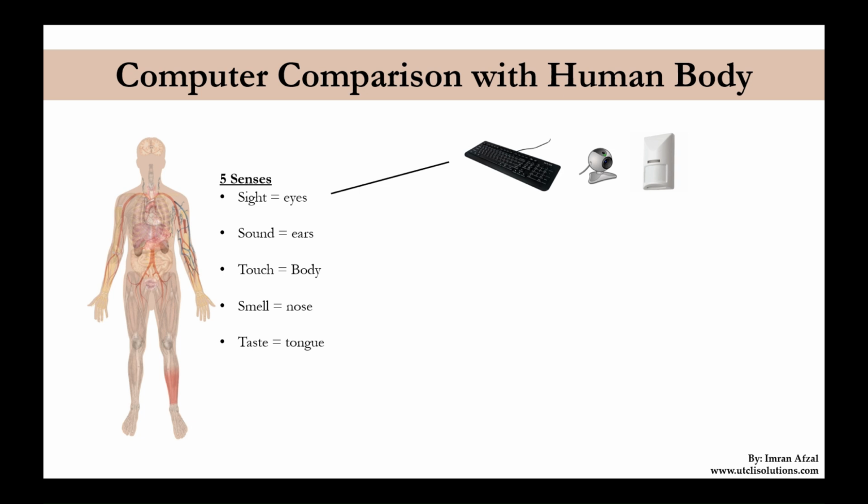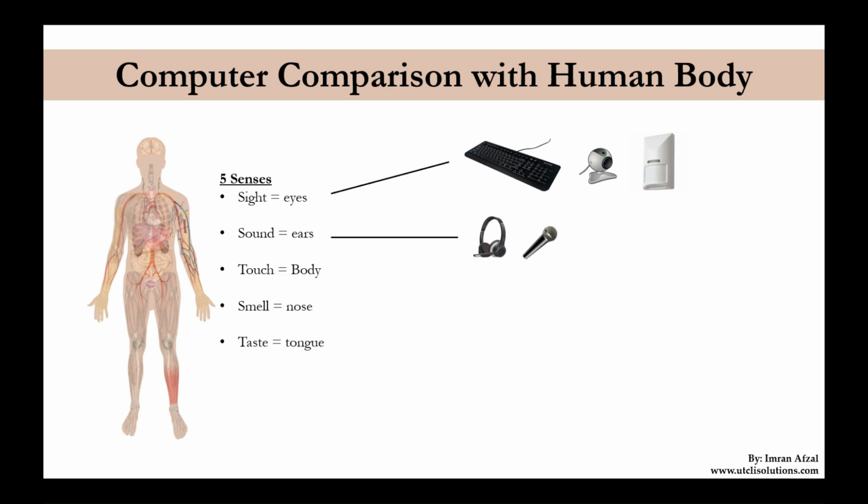Just like that, we also have sensors. Sensors are the ones that actually kick a computer or activate certain functionality of a computer. So that is also considered part of the sight sense for a computer.